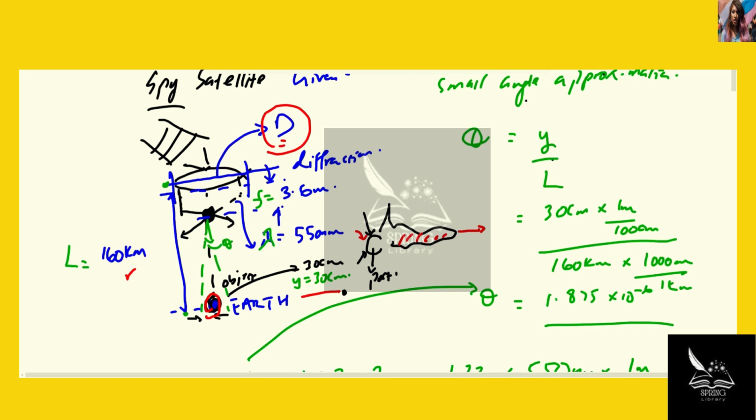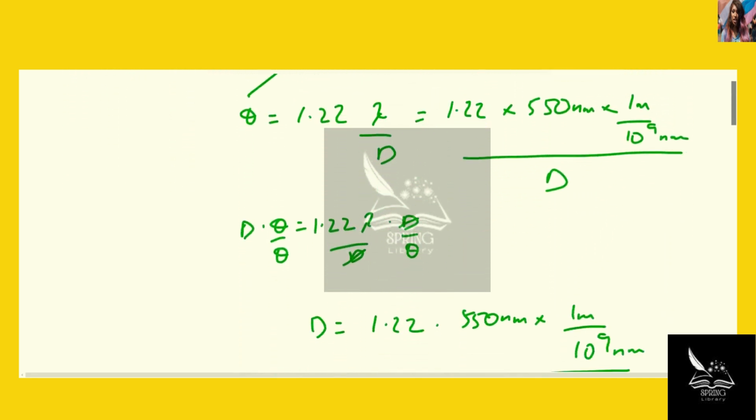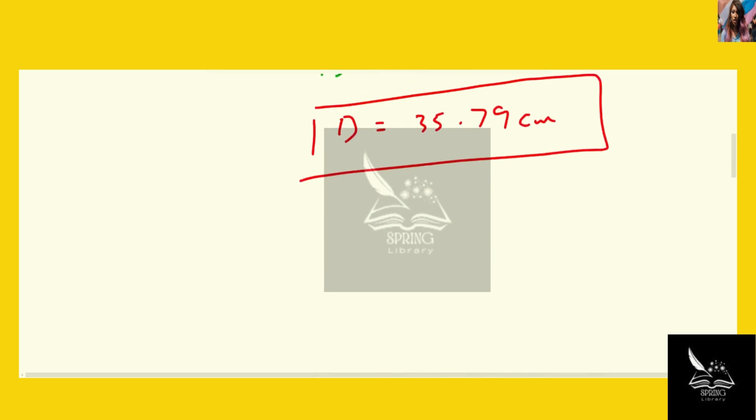We first solve for theta using the small angle approximation because it's a huge distance, 160 kilometers. We get theta is 1.875 times 10 to the negative 6. Then we use the relationship between theta and d, where d is 1.22 times lambda over theta. Plugging in the values, d is 35.79 centimeters.